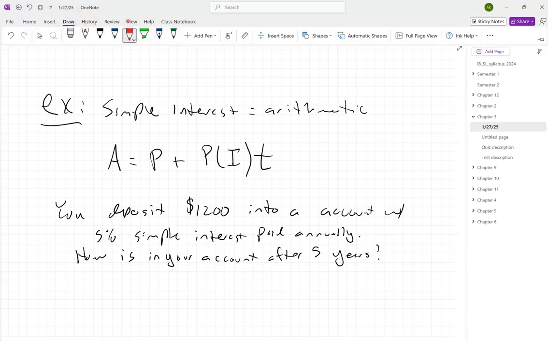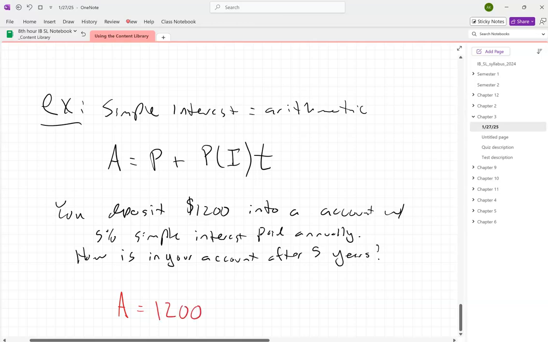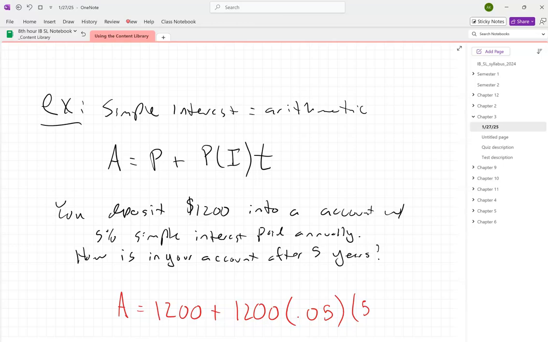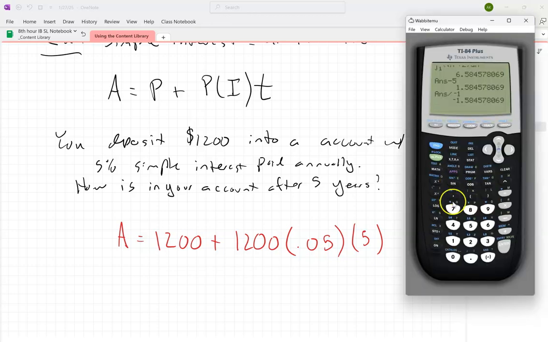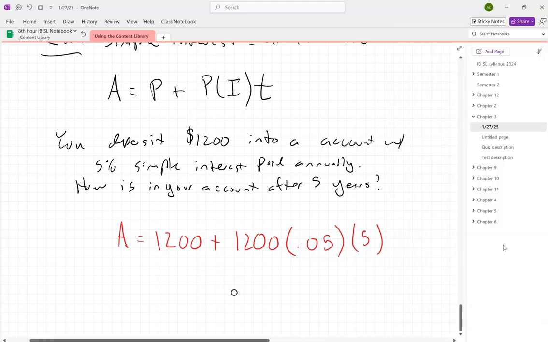So we can just say that A is equal to the initial investment plus that initial investment multiplied by the interest rate as a decimal times the number of years. So it's easy peasy. So I have $1,500.